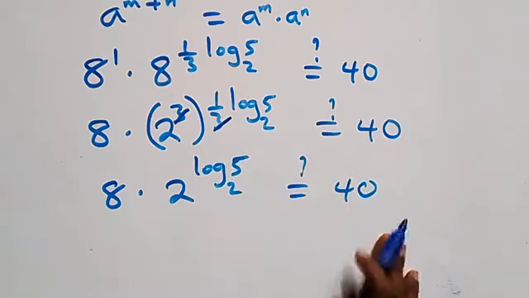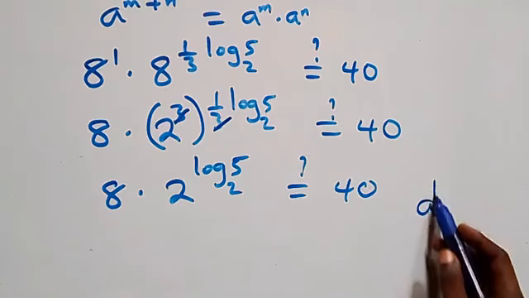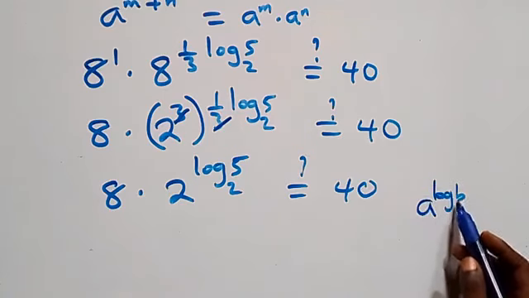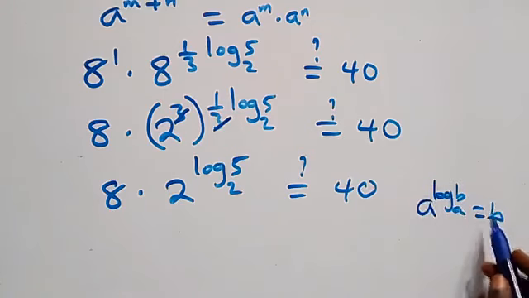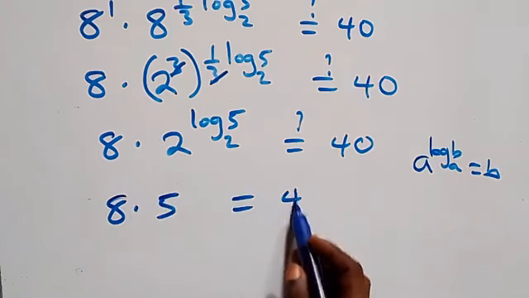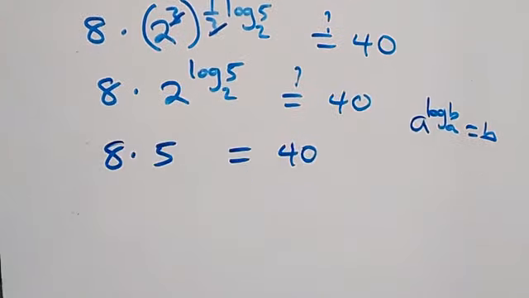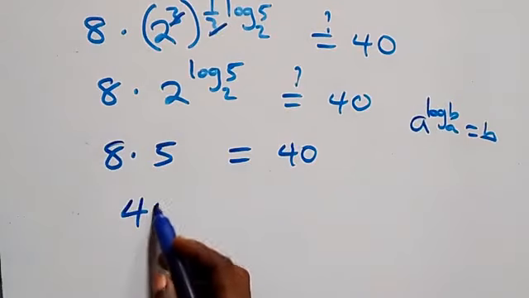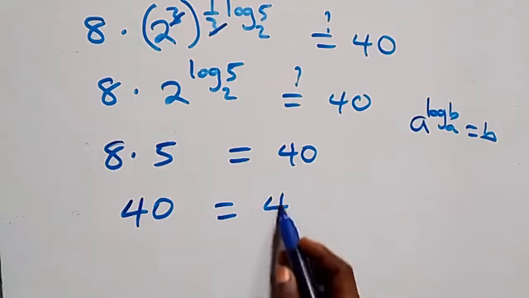And from here, what we have follows when we have a raised to power log b to base a, which is equal to b. That is what we have here, same thing as 5. So we have 8 times 5 equals 40 from here. And of course, 8 times 5 here is 40, which equals 40 on this side.